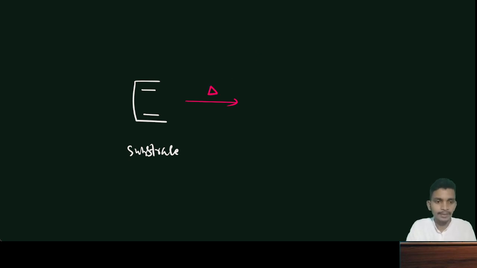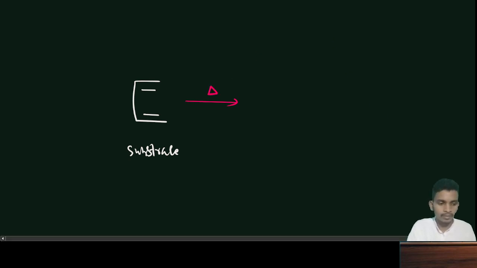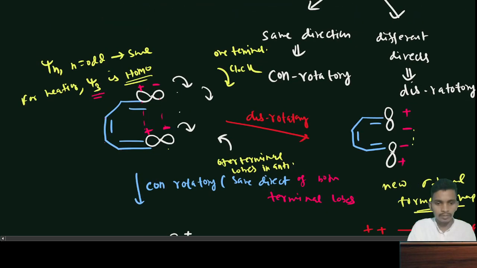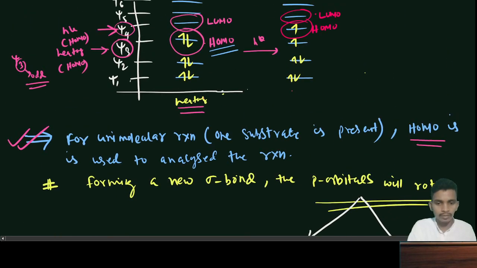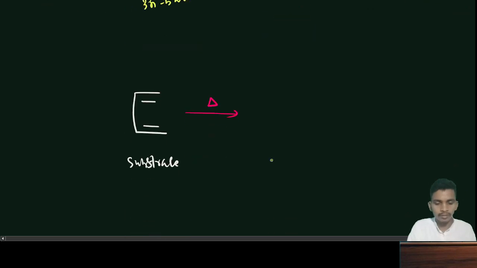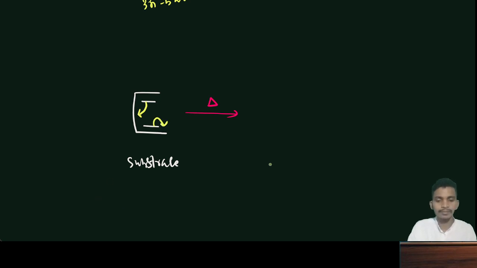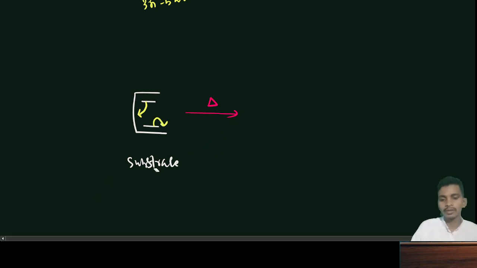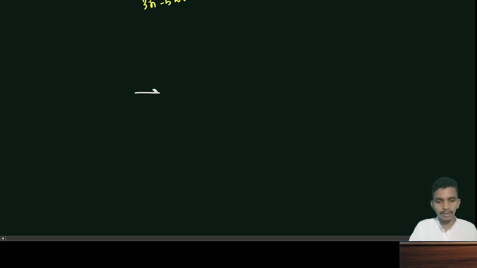Let's see. If I give the heat, then what will happen? If you check there, then this is going to rotate here and this is going to rotate here. Okay, or for that we have to consider the photochemical conditions also, so I will do it later.